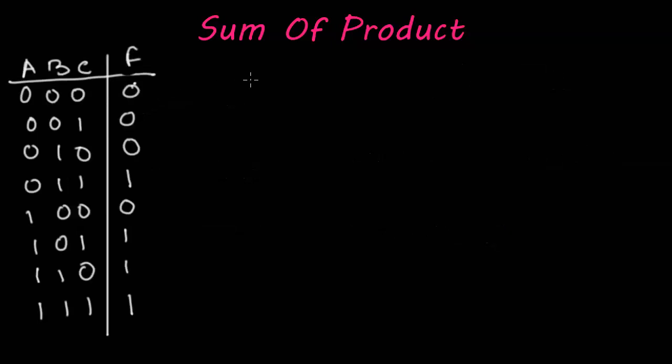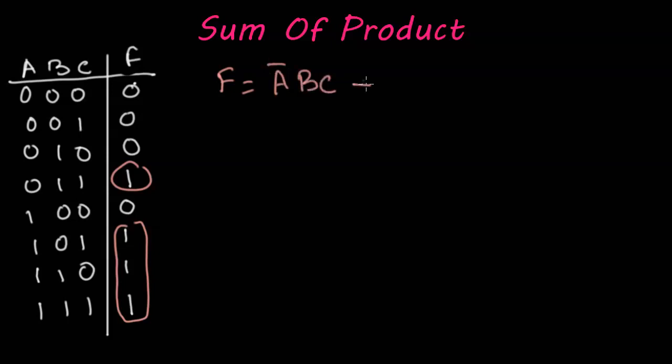Let's understand the sum of products with the help of an example. Here we have a truth table on the left hand side. Considering the 1 outputs, we have 4 terms. Let's write down the 4 terms. The 0 represents a bar. So A bar, B, C plus A, B bar, C plus A, B, C bar plus A, B, C. All these terms are products, and it's an addition of all these terms, hence an SOP.